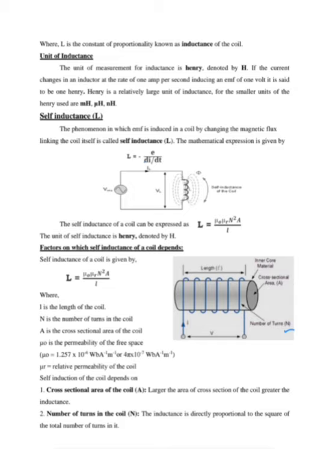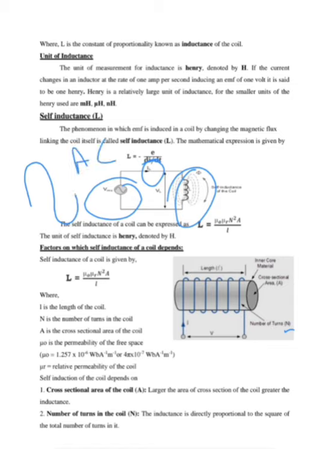So I am having a single coil which is having a number of turns, and that is connected to an external voltage source. As soon as the current IL starts flowing through this coil, magnetic lines of force will be created. Since the source I am connecting here is an AC source, the current is continuously changing.